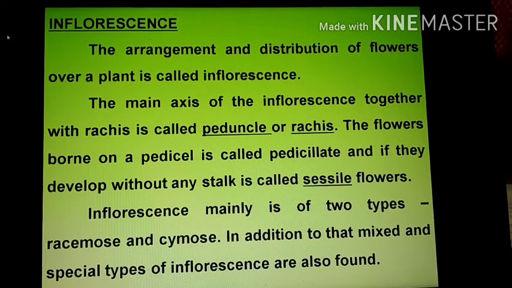But if the flowers are growing directly on the peduncle without any stalk, then they are called ex-pedicellate or sessile flowers.